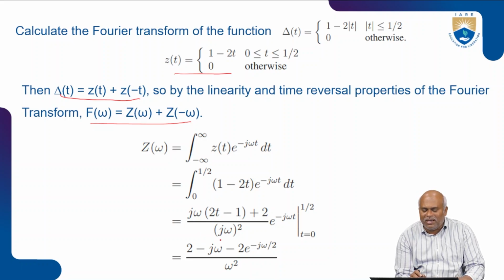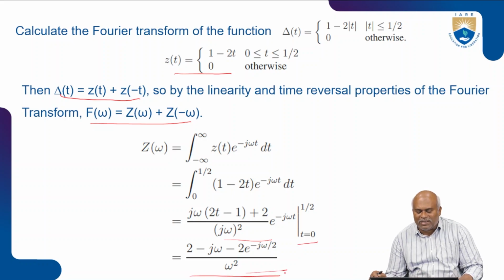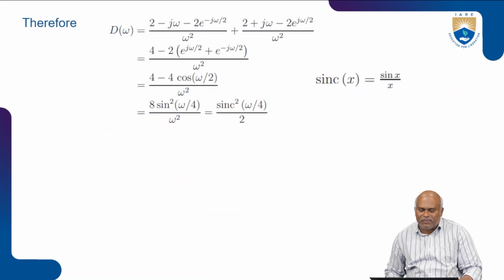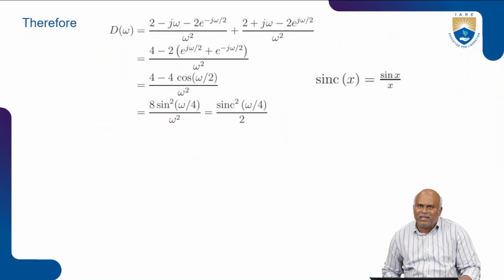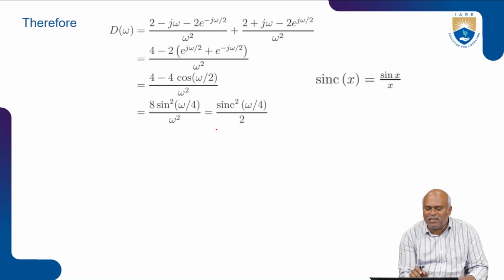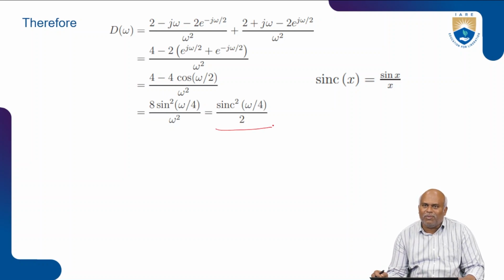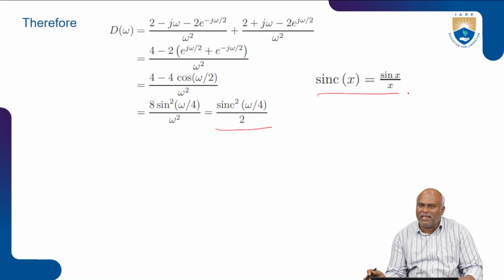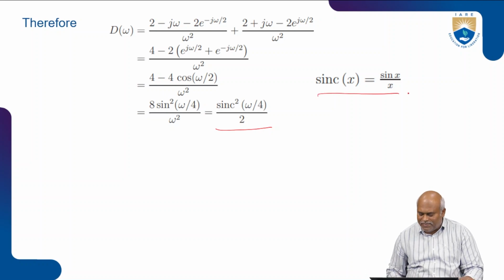After doing the integration, substituting the interval of 0 to 1 by 2, finally we get 2 minus j omega minus 2 e power j omega divided by omega square. Then we can simplify the equation. Finally we got the output sinc square of omega by 4 divided by 2, where sinc x is equal to sin x divided by x.